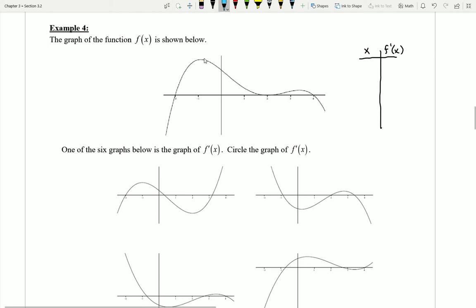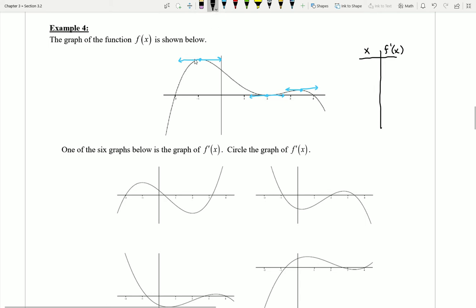That's what we did in the last example, and I think it's a really great way to start on questions like this as well. So maybe right around here, I could imagine getting a tangent line with a slope of 0. Somewhere around here also, and maybe even over here.